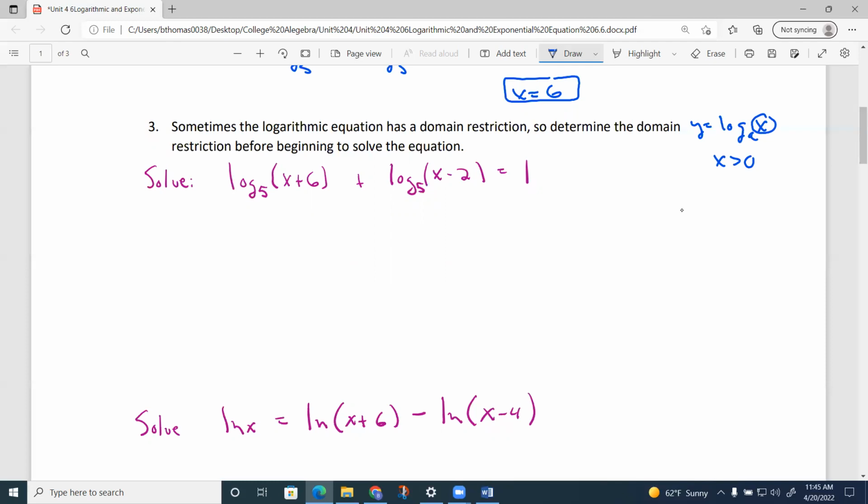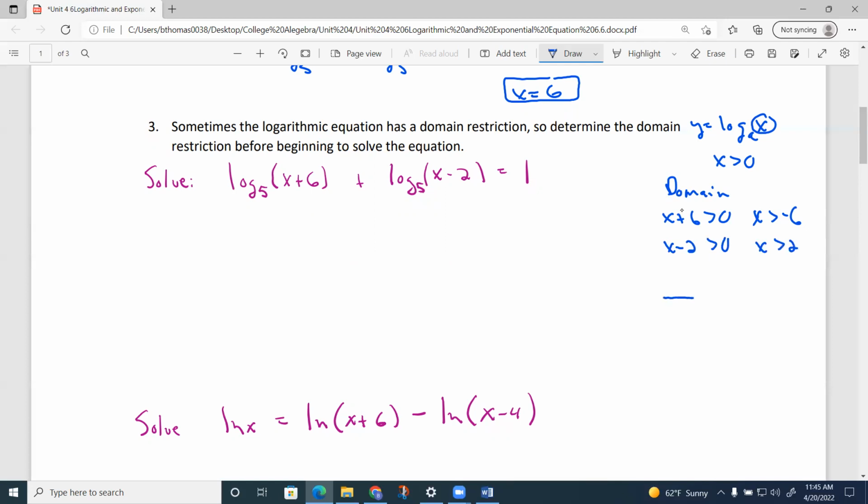So to find the domain restriction, or the domain, what we do is we just set the x plus 6 to greater than 0. If we solve for x, we get x is greater than negative 6. And then we also set this x minus 2 greater than 0. We get x is greater than 2.